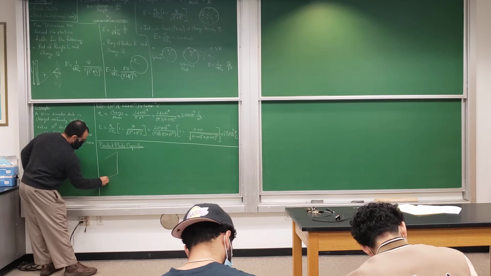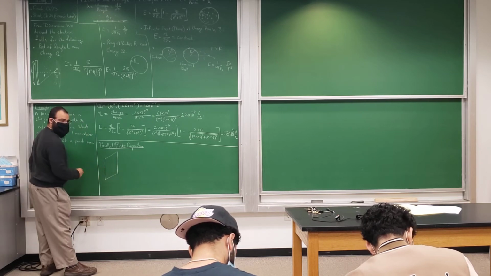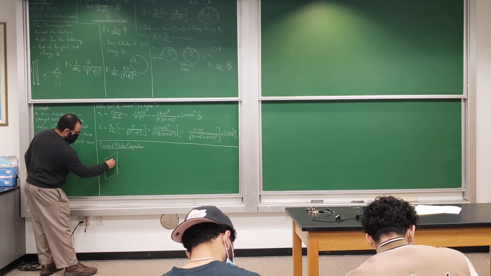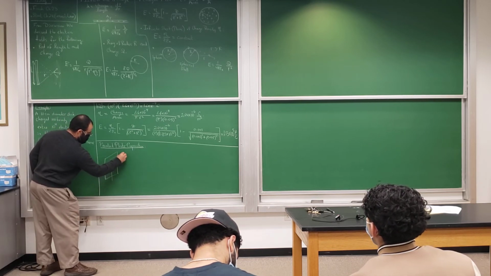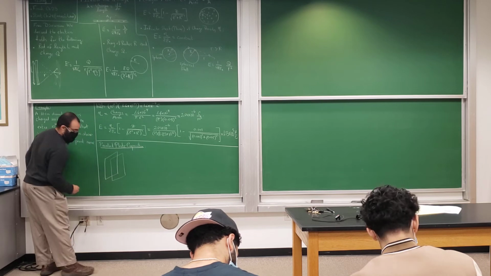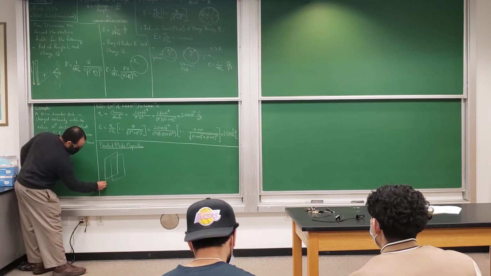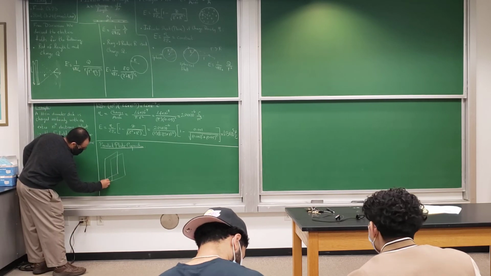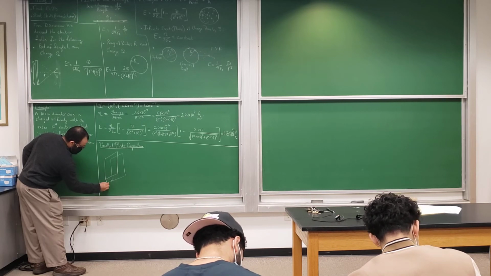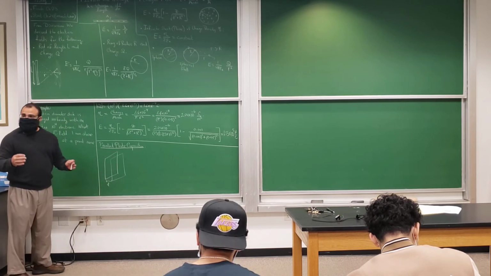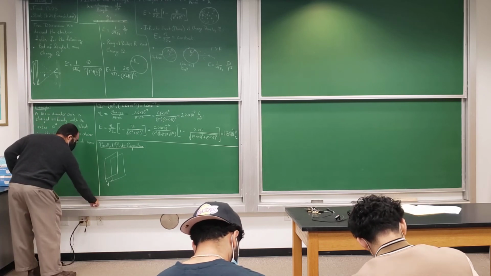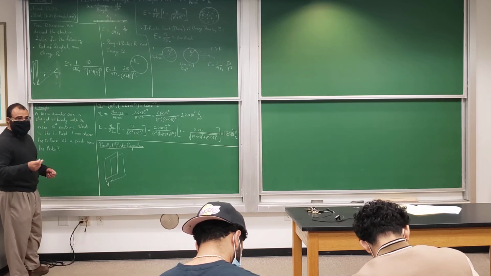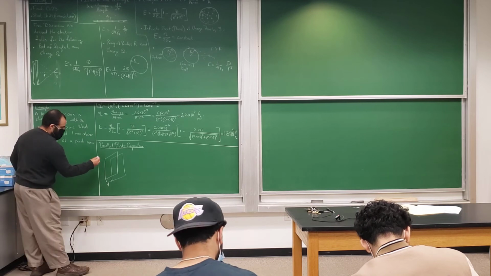So here is the first plate. And the second one is right next to it, here. And they're a distance d apart. From here to here it's d. The distance between the two plates is d. Each plate will have an area A. So if one of them is positively charged, the other one will be negatively charged. So let's say this one is the plus charge.